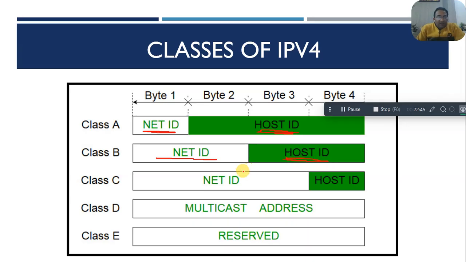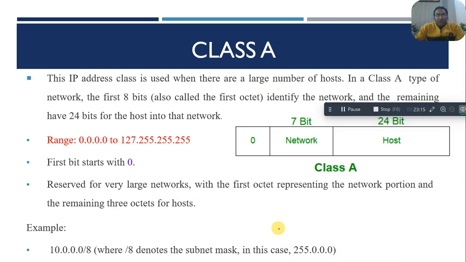In class C, the 3 octets, that is A, B and C, define the network ID, and the remaining last octet, which is D, is the host ID. Class D, as I told you, is used for multicast addresses, and class E is reserved for experiments or research work.